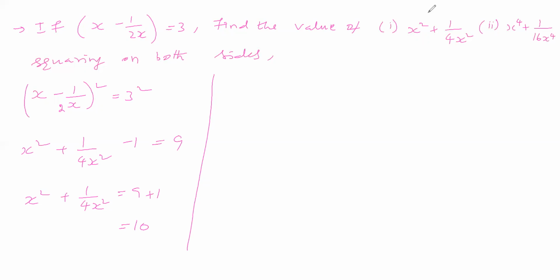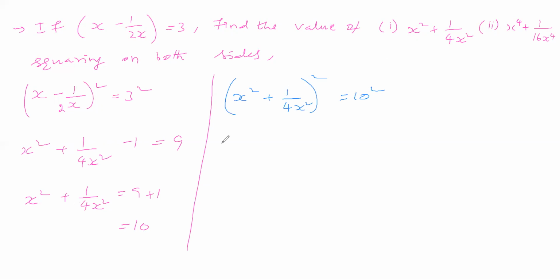Now we will go for the second subdivision. We will square this one on both sides. So x square plus 1 by 4x square whole square is equal to 10 square.